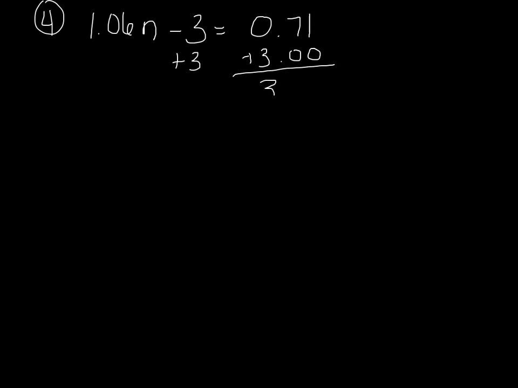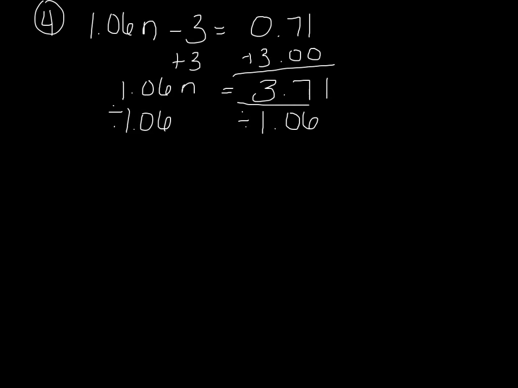So I would get 3 and 71/100 equals 1 and 6/100 n. Now I have to divide both sides by 1 and 6/100. So I would have, always this number is going to come first, 3 and 71/100 divided by 1 and 6/100.